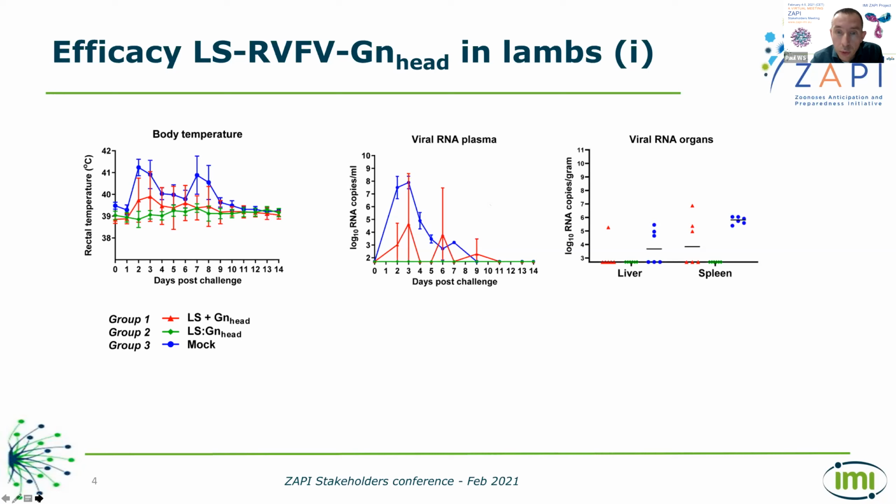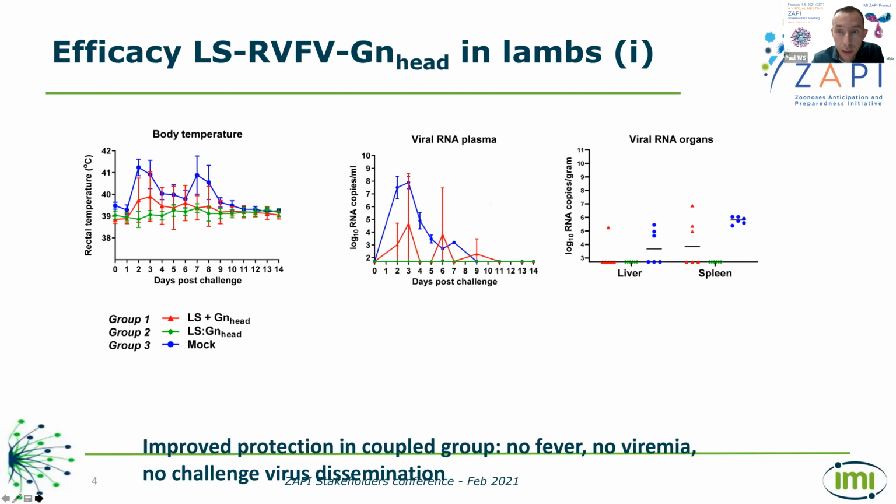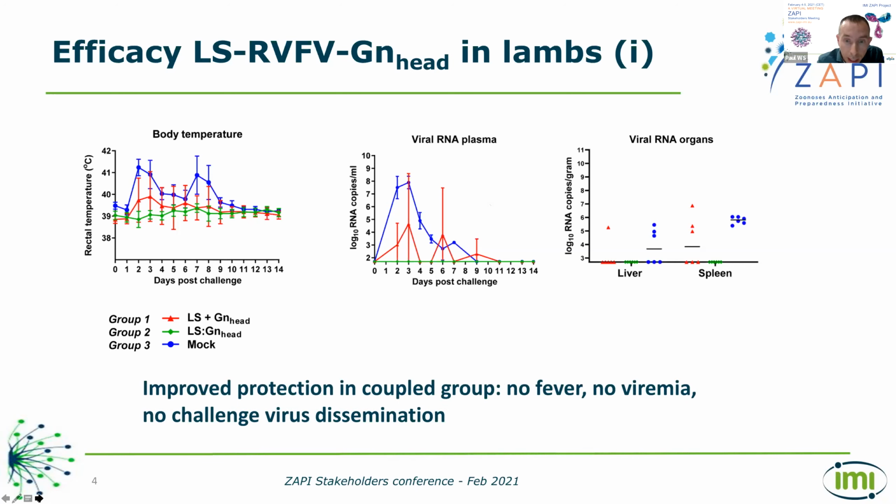In the group which received the lumazine synthase plus GN head, so uncoupled, there were a few animals which still had viral RNA in the blood, and also presence of virus in the liver and spleen samples. In contrast to the animals vaccinated with the coupled version. So this looked very well. There was improved protection in the coupled group.